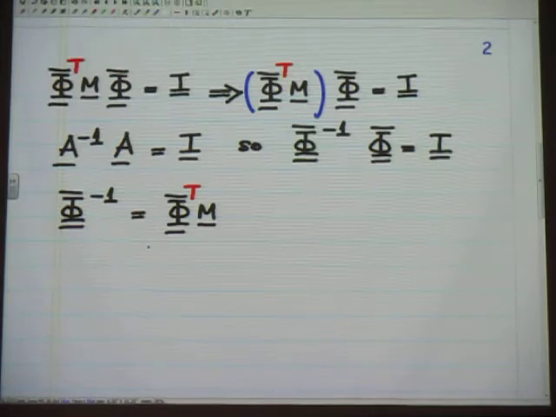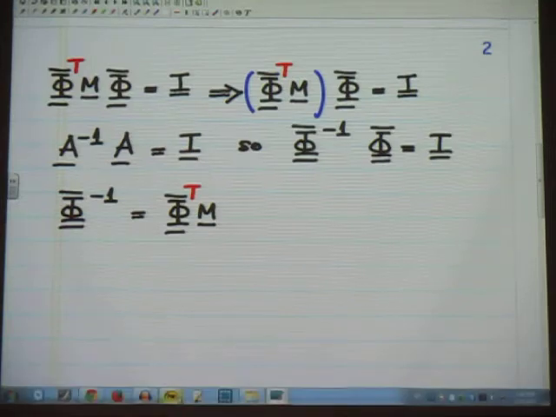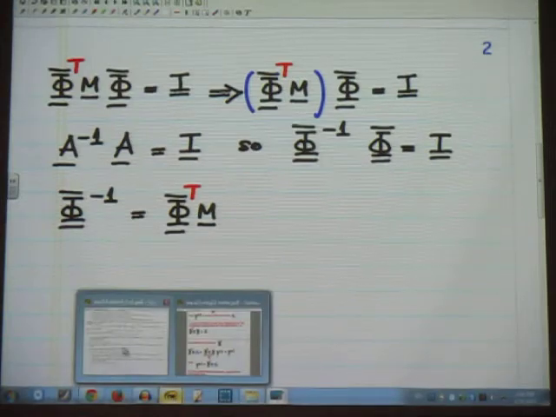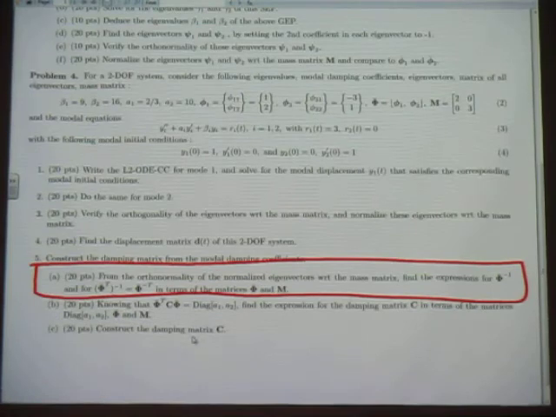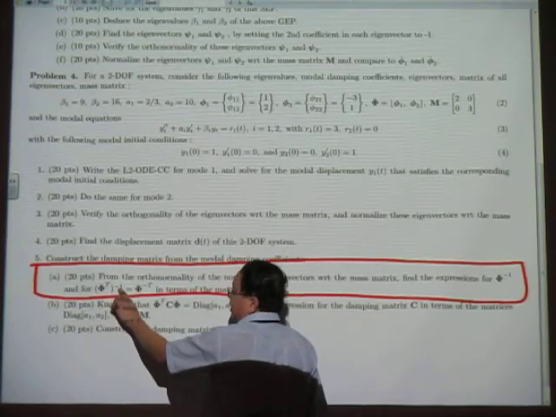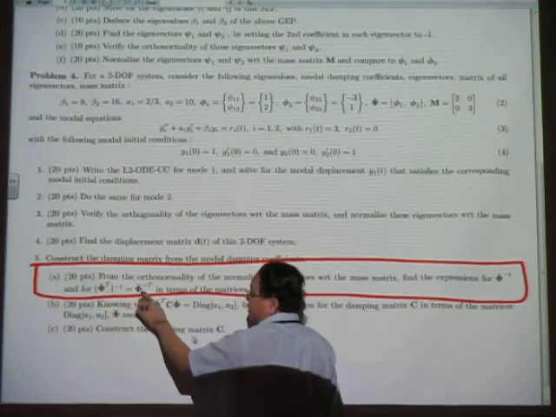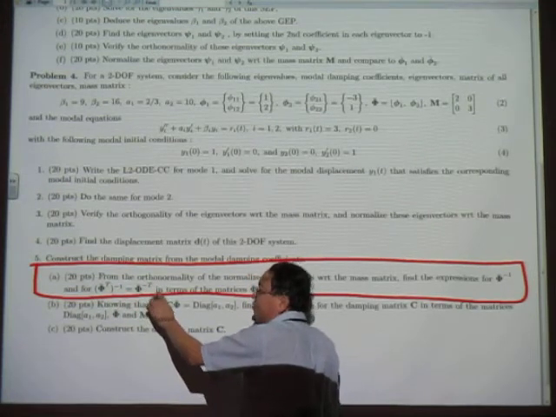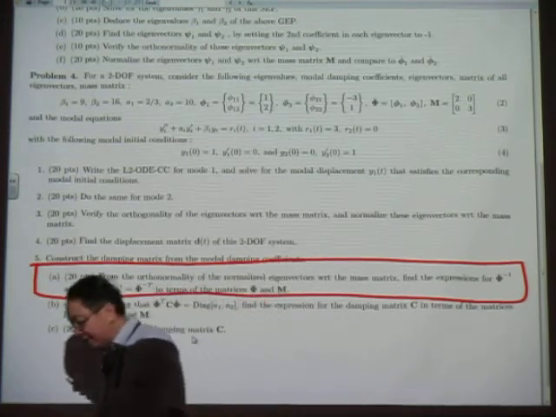And so once you know how to do this question, the next question will also be simple. That requires knowing a little matrix theory. This is the inverse of the transpose of a matrix, and the inverse of a transpose is the same as the transpose of the inverse. So that's why you write it like this.